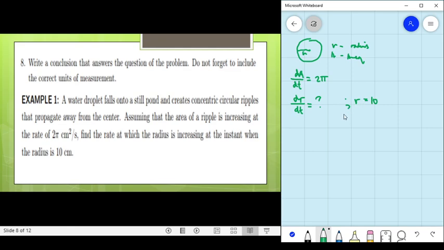The relationship between A and r is given by the formula for the area of the circle, A equals pi r squared.